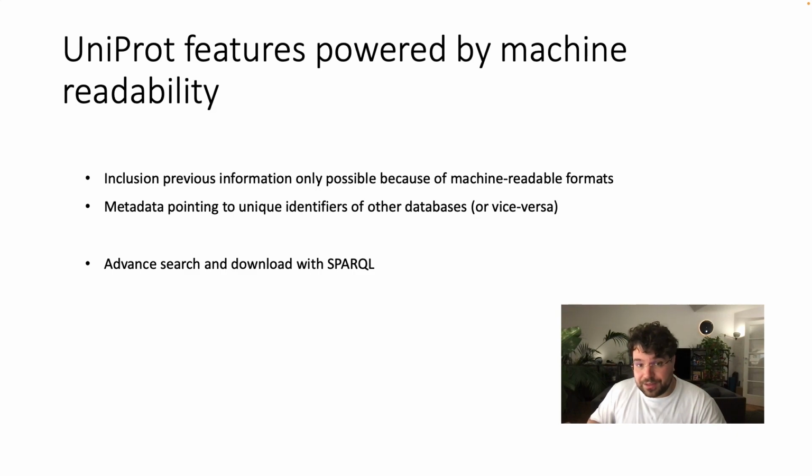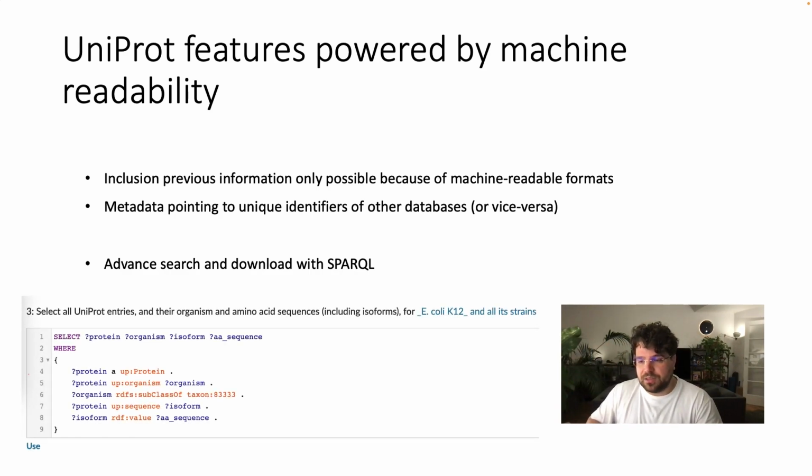It also provides something that I haven't shown in the demo: advanced searches. That is not just I need a human proteome, or I need this specific protein, but maybe you need human proteins that are shorter than this and belong to the family something. You can do all these advanced queries with SPARQL, and it looks like this.